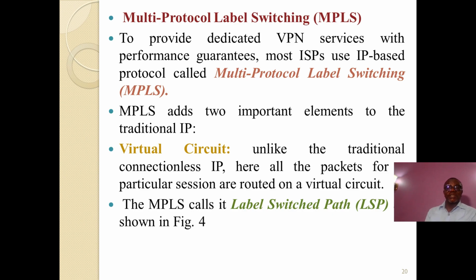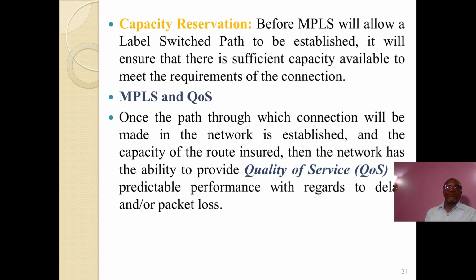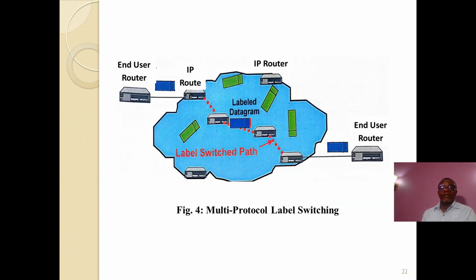We will quickly see why it is called a virtual circuit. So here, unlike the traditional connectionless Internet protocol, all the packets for a particular session are routed through a path. This path is called the label switched path. Let's see it in Fig 4 before we come back.